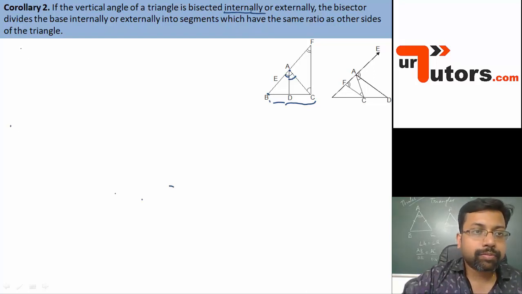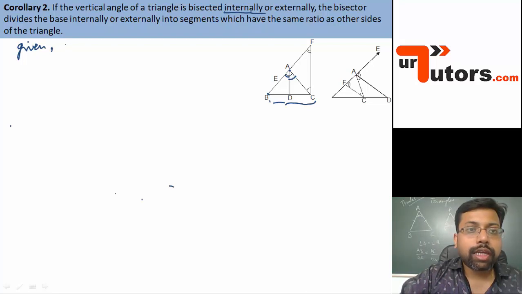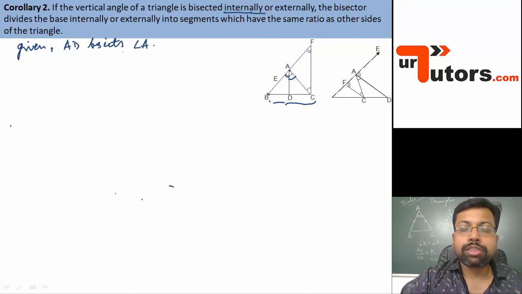So it's given that AD bisects angle A, which is angle BAC, and we have to prove that the bisector divides the base.